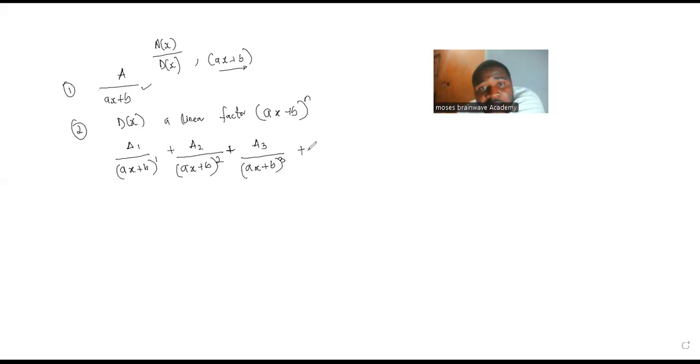You are going to be having them until you get to the last one. The last one will be an, so let's assume this is 10. You're going to have an upon ax plus b raised to power n. This is going to be the last term.